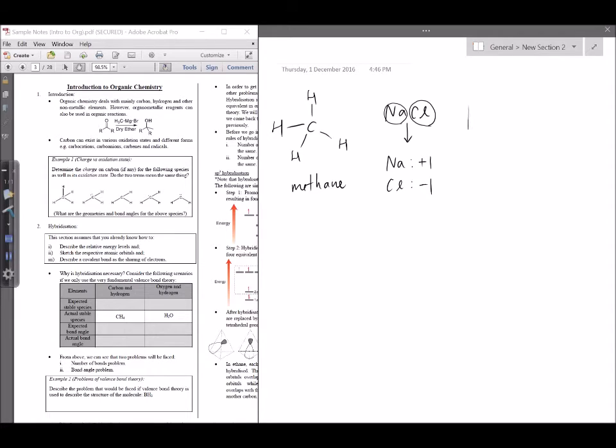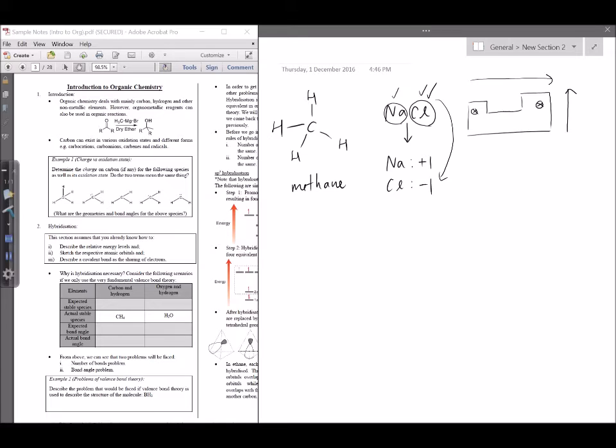And just a quick recap, this is your periodic table, right? The electronegativity trend increases in this way as well as this way, right? You know that chlorine is somewhere here while sodium is somewhere here, which means that chlorine has a higher electronegativity than your sodium. So now, why do elements with higher electronegativity tend to be negative?